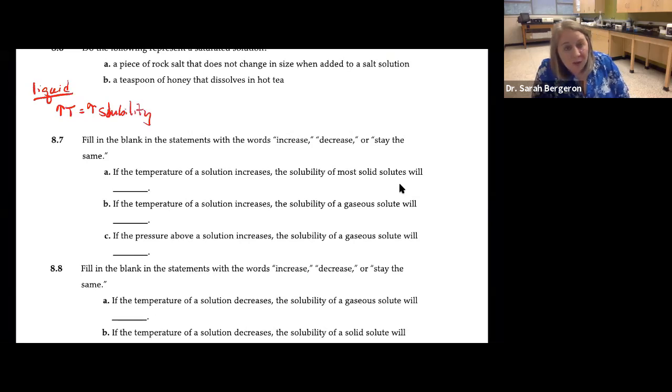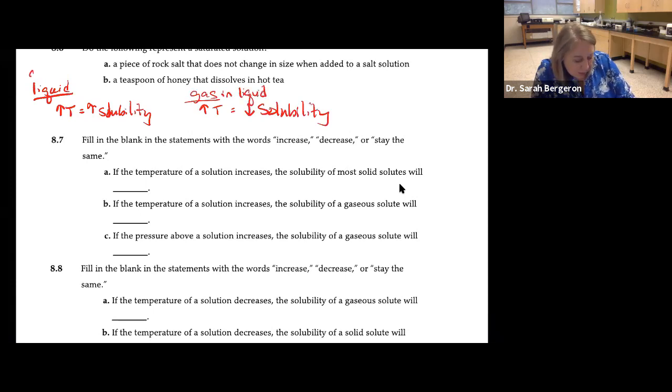And that's not quite true for a gas, right? A gas is a little bit different. What happens in a gas? In a gas, as we increase temperature, what's going to happen? We're actually going to decrease our solubility. So that's a gas inside of a liquid.